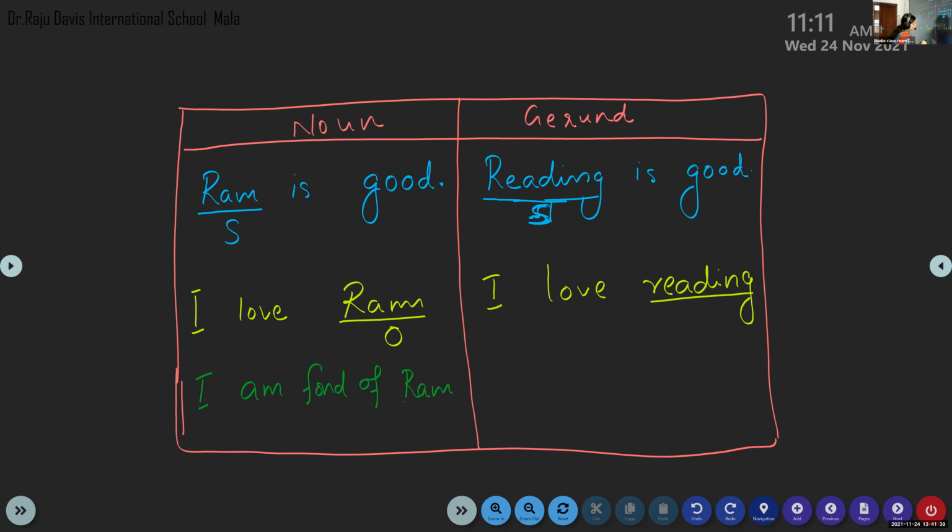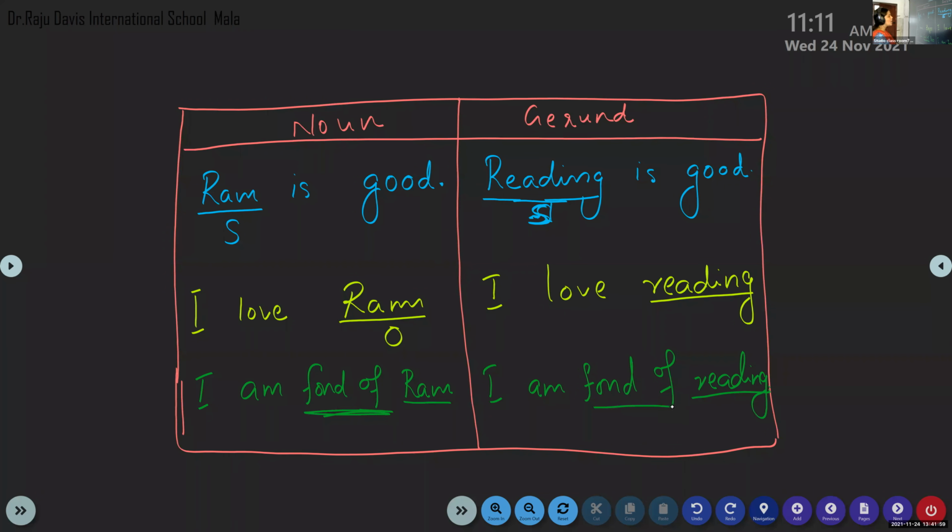Here, fond of is a preposition. The same position I can use: I am fond of reading. See, so wherever I am using a noun, I can use a gerund in that sentence.